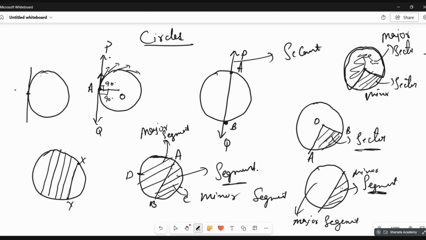If I call this point X and the center O, then the radius of the circle and this tangent LM make an angle of 90 degrees at the point of contact, that is X. This is also 90 degrees. These are the main common concepts you have to know about the circle. Clear now? We'll start writing a few things about this.